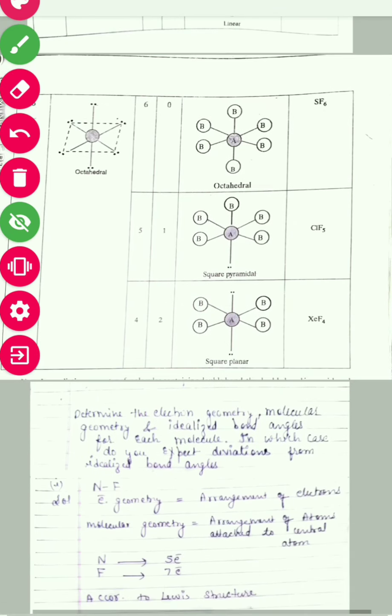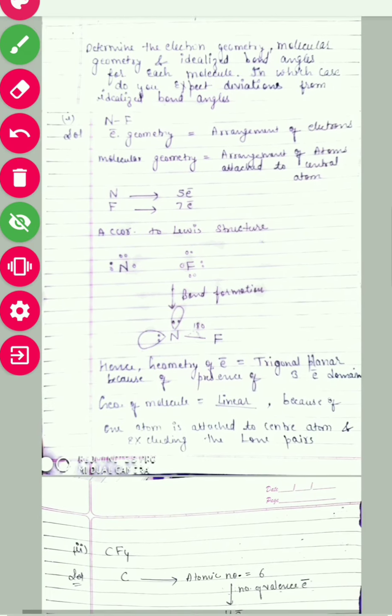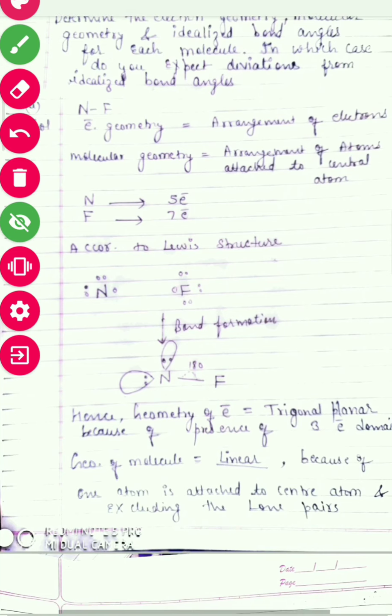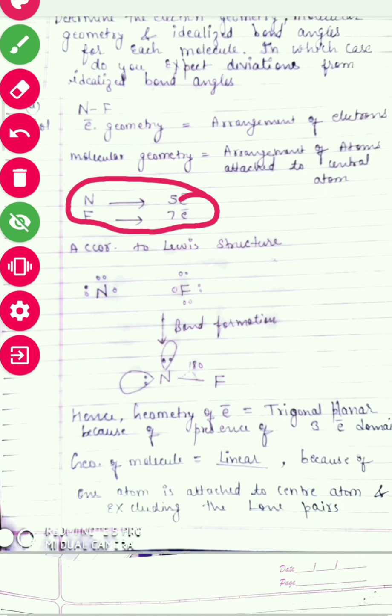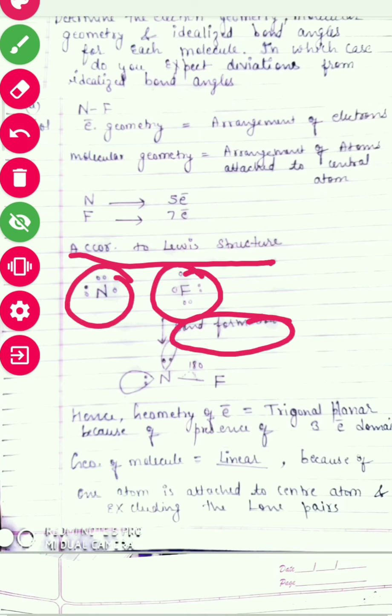So in NF, electron geometry: the outermost shell of nitrogen has 5 electrons, and fluorine's outermost shell contains 7 electrons. According to the Lewis electron dot structure, which undergoes bond formation, the angle between N and F is 180 degrees.